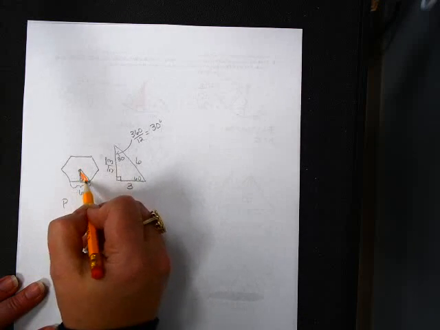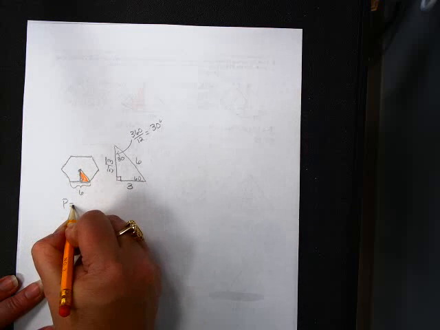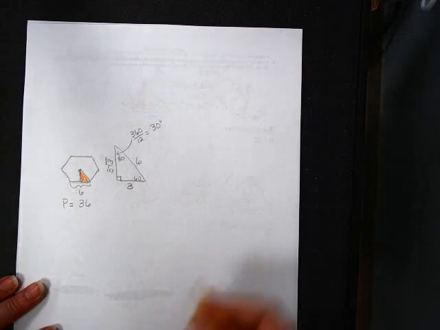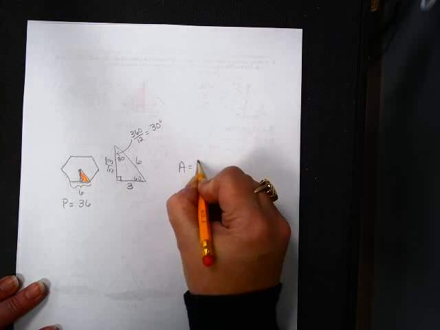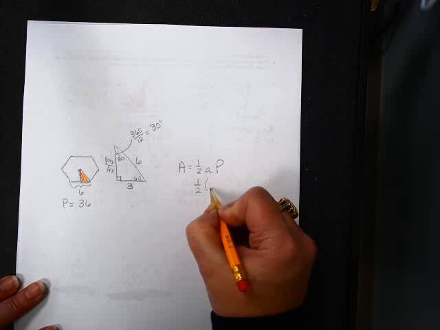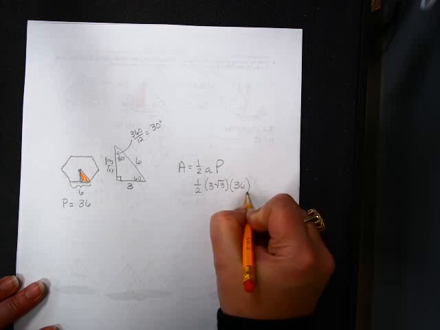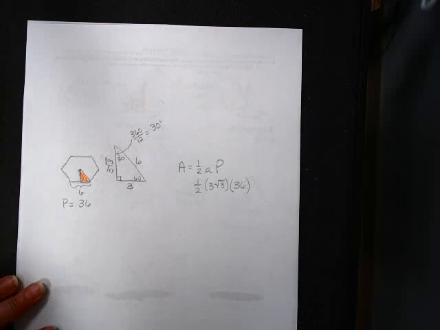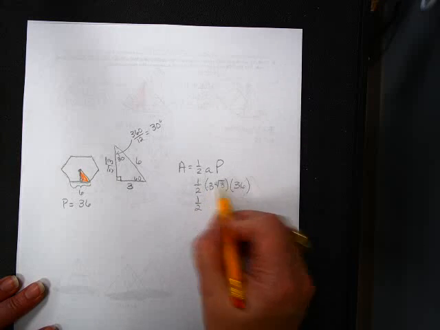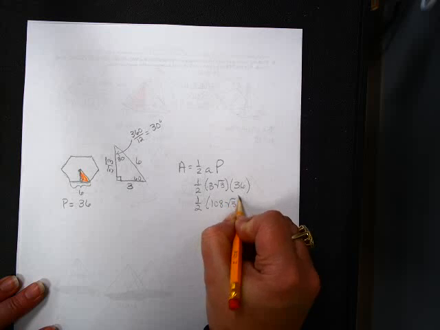Perimeter. How many sides do you have? And they're all 6, so that perimeter is 36. Good. When I find the area, it's 1/2 the apothem times the perimeter. So that's 1/2 3 rad 3 times 36. I'm going to multiply those together. That's going to be 108 rad 3.